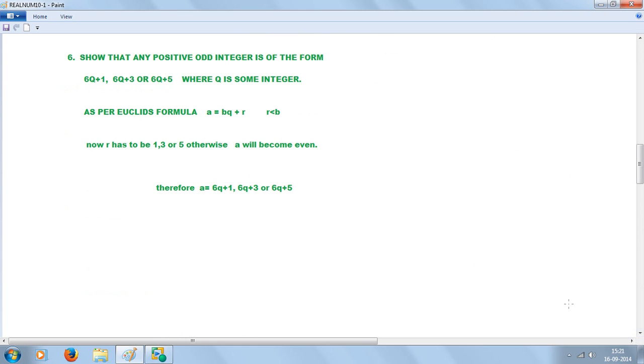Okay, next problem. Show that any positive odd integer is of the form 6q plus 1, 6q plus 3 or 6q plus 5, where q is some integer. So he is talking about any positive odd integer of the form.